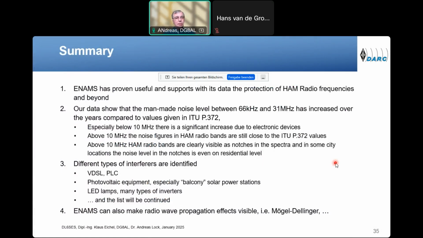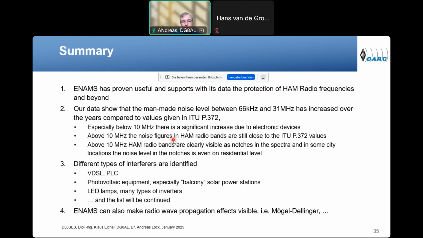I think ENAMS has proven to be a useful tool and supports with its data the protection of ham radio frequencies and beyond. As results, especially below 10 megahertz, there is a significant increase in noise due to electronic devices. All the results are compared to the data given in ITU P.372.